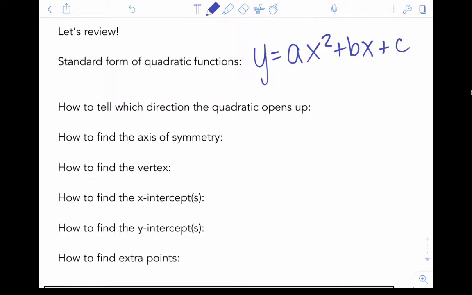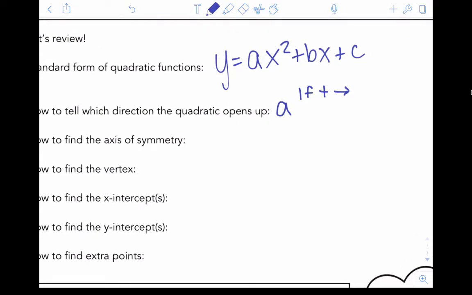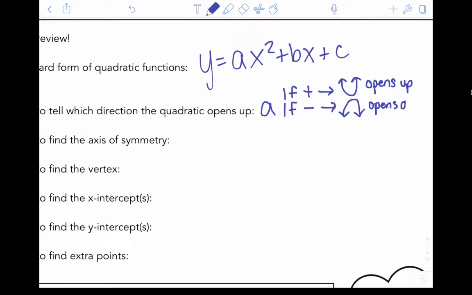You look at the a value. If the a value is positive, then the graph opens up. If the a value is negative, then the graph opens down.